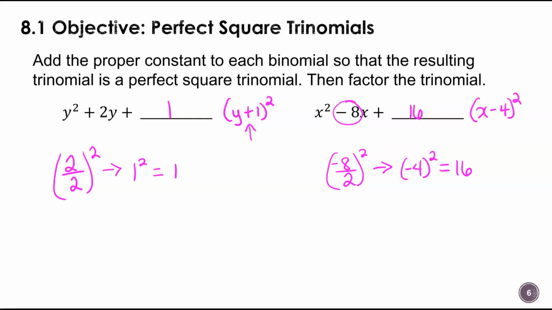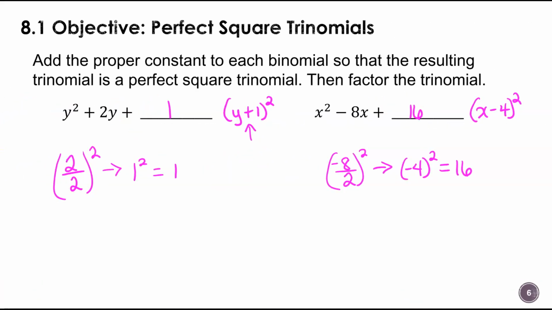So half of my -8 is -4, and the square root of 16 is 4. In this case, it's always going to be a plus on this last part because a negative times a negative is positive, and a positive times a positive is positive. So either way you look at that, we've found the proper constant that completes our square, and then we write it in factored form.